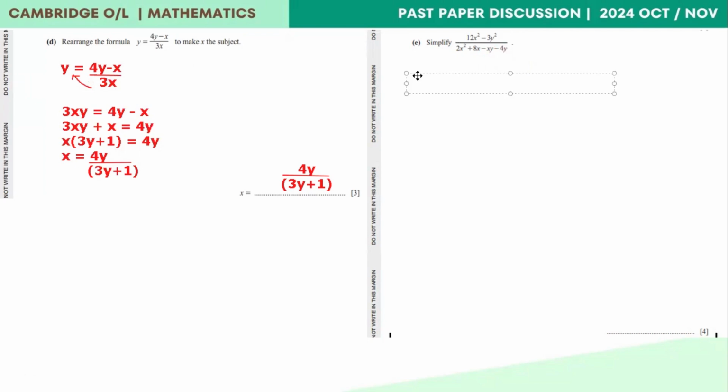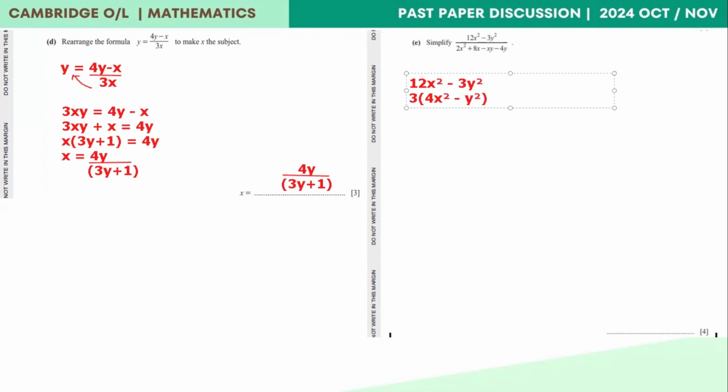So firstly, 12x square minus 3y square. So now if we factorize, we can take 3 out. Then it would be 4x square minus y square.